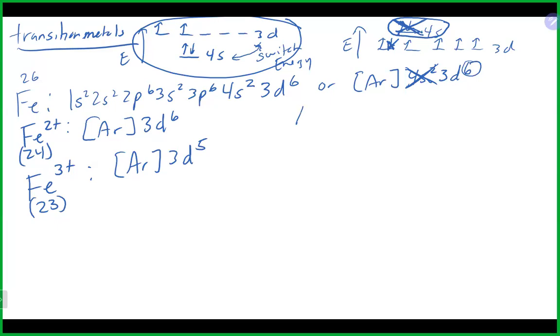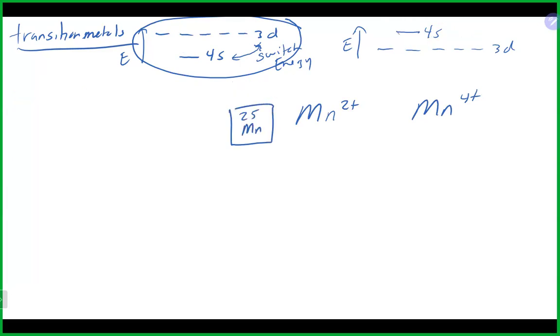So why don't you try one? Why don't you do Mn with a +2 charge and Mn with a +4 charge? What will be the electron configuration? Mn on the periodic table is 25. Let's take a look and see. So why don't we start with Mn with no charge, has 25.